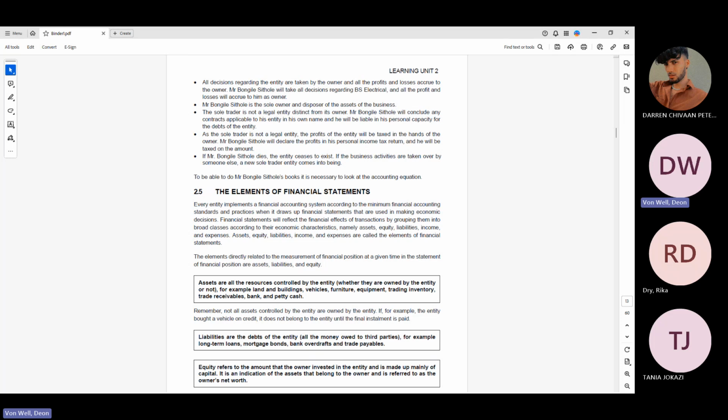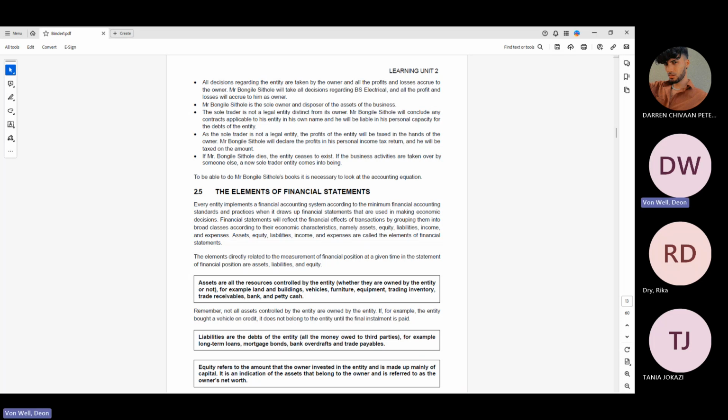I already bought it. So for the purposes of when we record the transaction, I already record it as an asset. Yes, I will record the asset and I will record the liability, but that vehicle becomes part of my assets. So that's why we say whether they are owned by the entity or not.